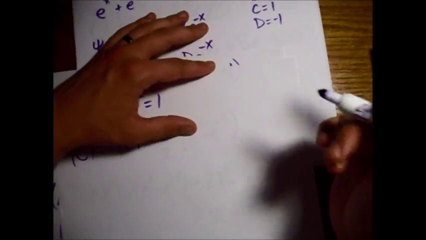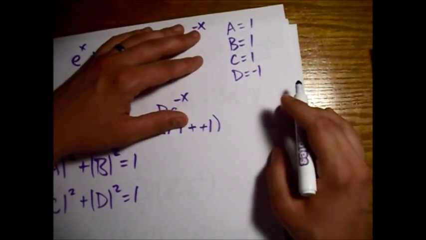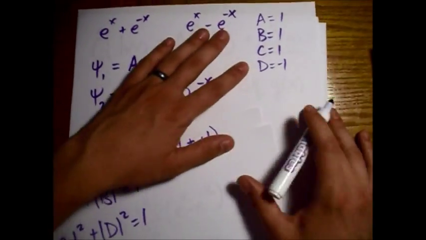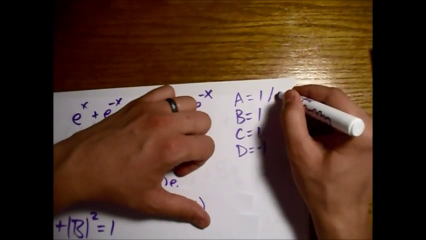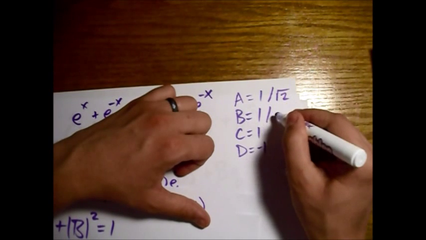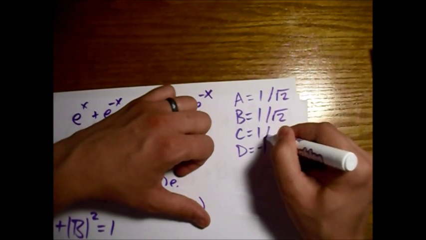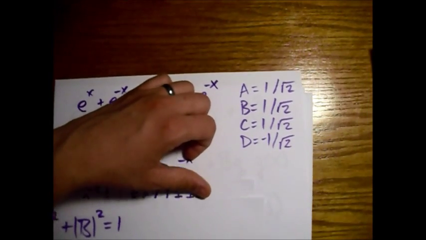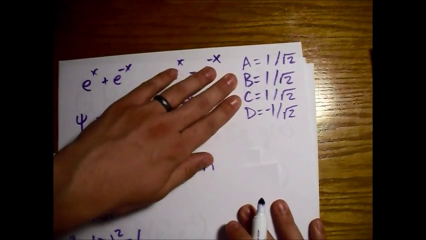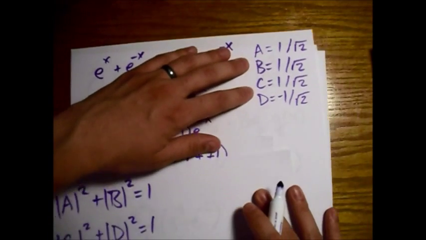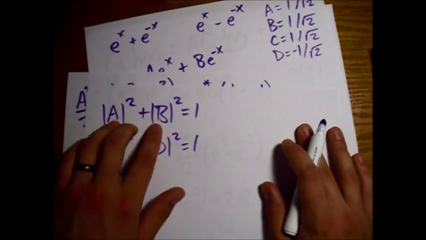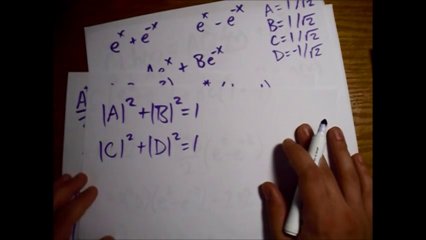So before, if we were to normalize these, we'd divide everything by the square root of 2. So if we didn't want only the orthogonal case, but the orthonormal case, to satisfy these equations as well, square them, you get 1/2 plus 1/2 equals 1.